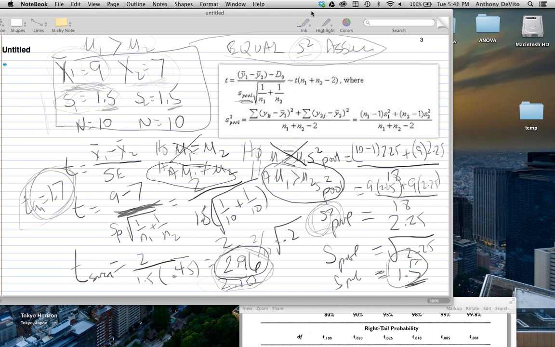Okay, so at any rate, that's where we stand if we do this test using our calculations, depending on whether equal variance is assumed or unequal variance is assumed in these two populations.